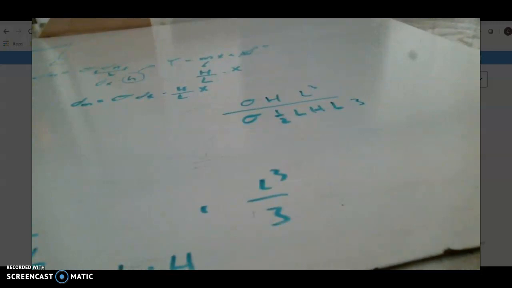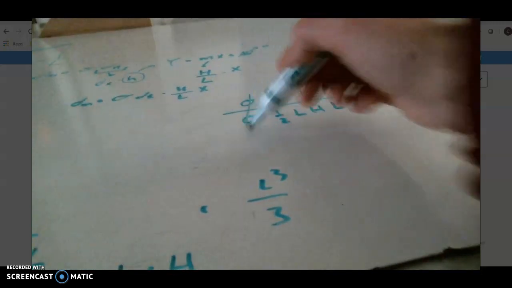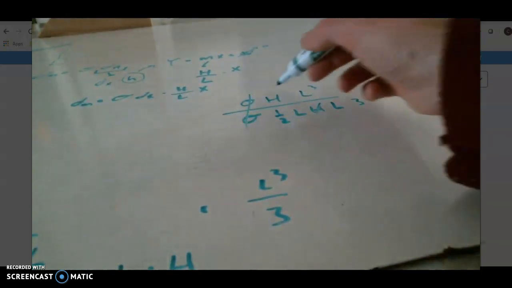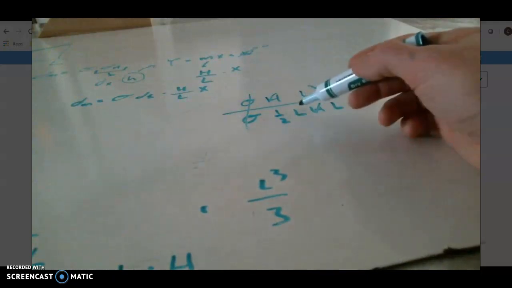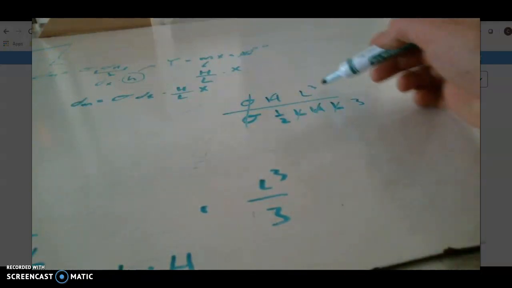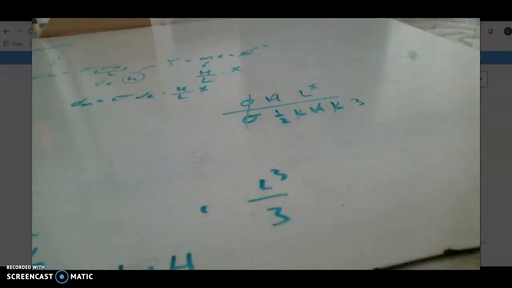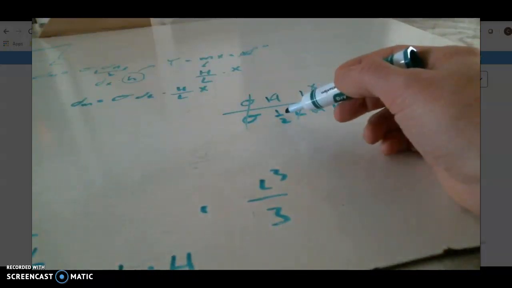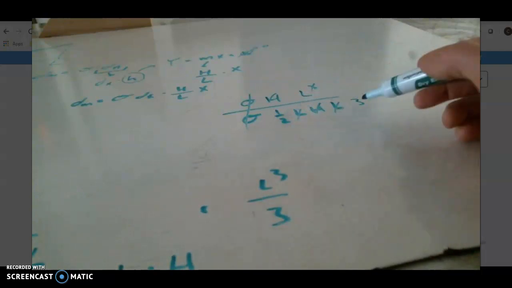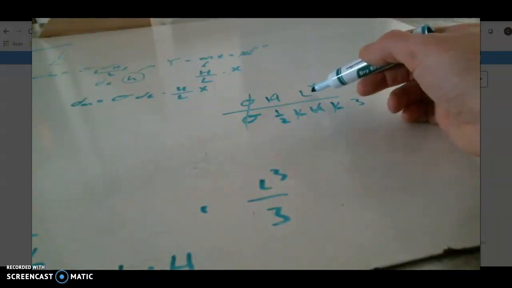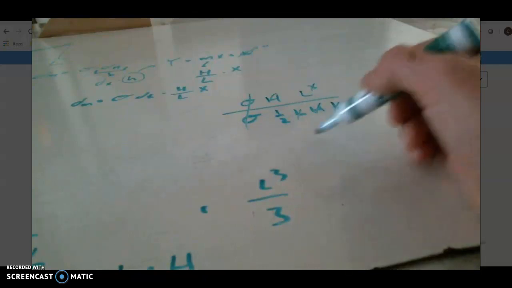Okay? So what we'll do is simplify things. Let's kill things that need killing. The sigmas die, the h's die, that L and that L kill 2 of those 3 L's. And what I'm left with is 1/2 in the denominator, a 3, and an L right there, right?